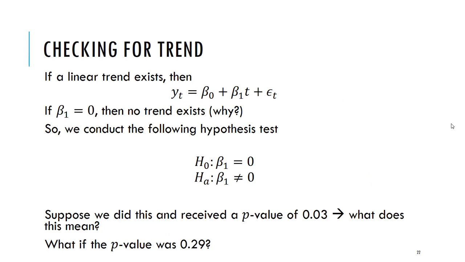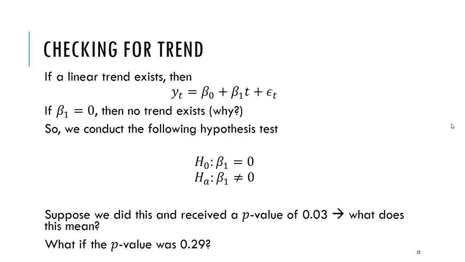So one of the things we can do to see if the time series is stationary is first plot it, do a line plot, and then if it looks like it's relatively flat, or if we think there looks to be a linear trend, then we can actually statistically test whether or not there's a linear trend. We do that by running a simple linear regression. The y sub t is equal to beta sub 0 plus beta sub 1 times t, the time period index, plus the epsilon sub t.